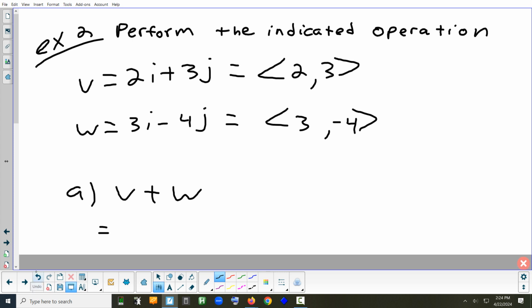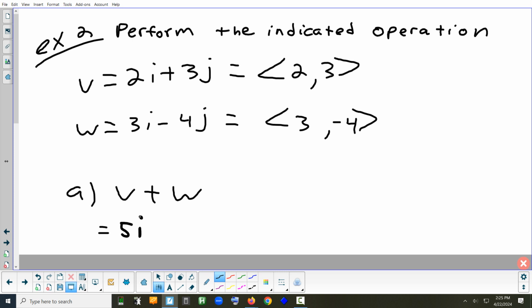So if I add v and w together, what would my new horizontal component be? And let's write it as a unit vector first, and then we'll do it that way. It'll be 5i. Okay. And what about the vertical component?